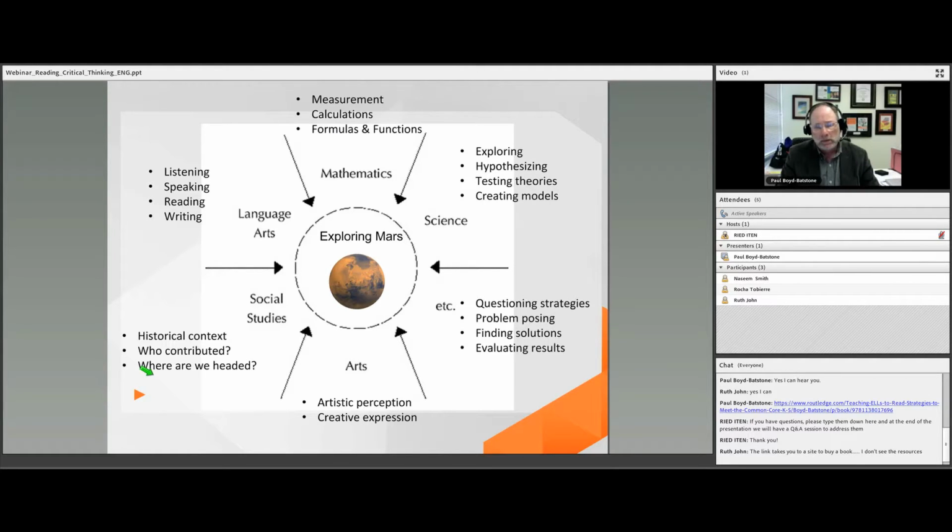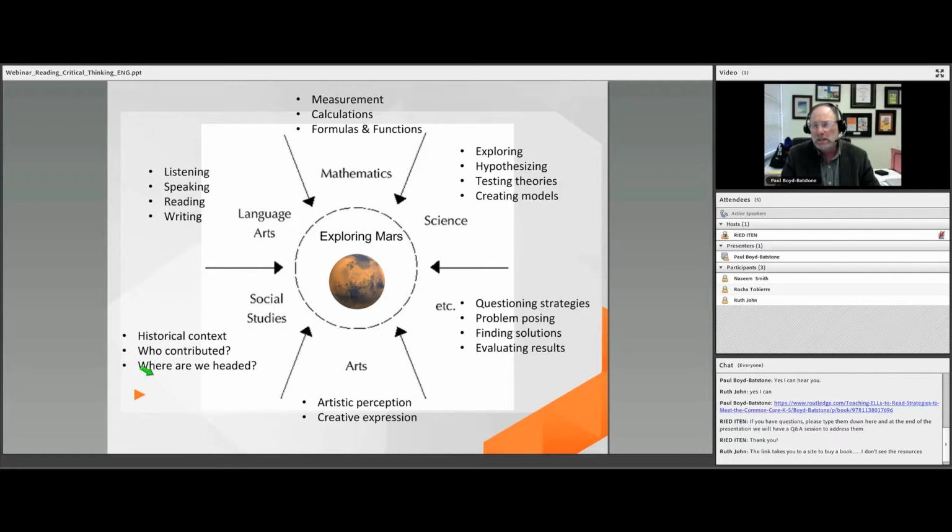This is an example of integrating instruction. At the center of this is exploring Mars. We're going to study exploring Mars, okay? Look what's happening in language arts. We're listening, speaking, reading, and writing about Mars exploration. In math, we're studying Mars, but we're thinking in terms of measurements.